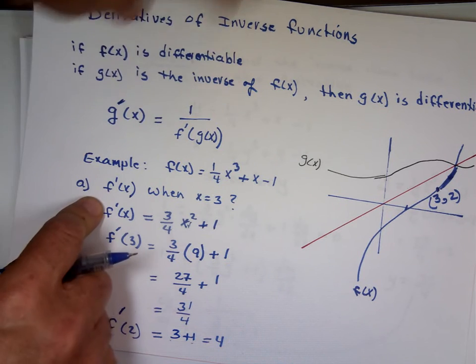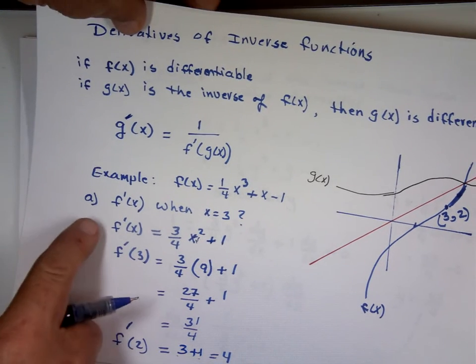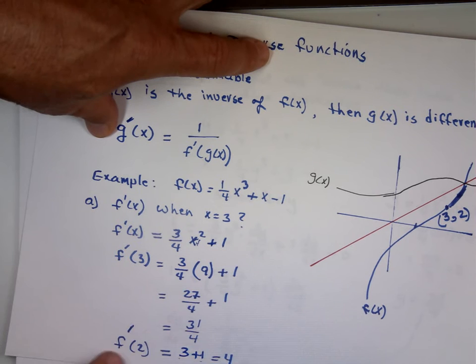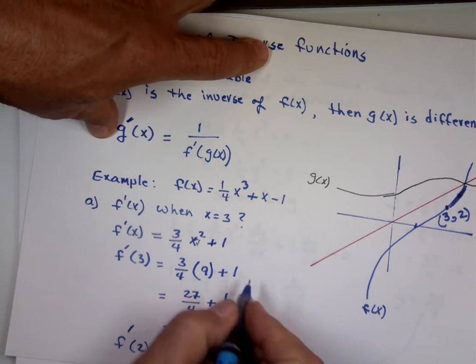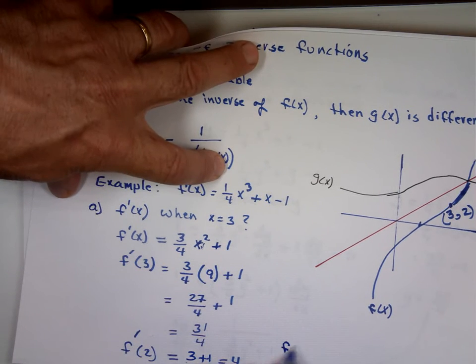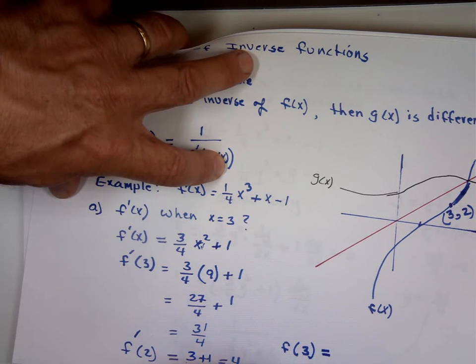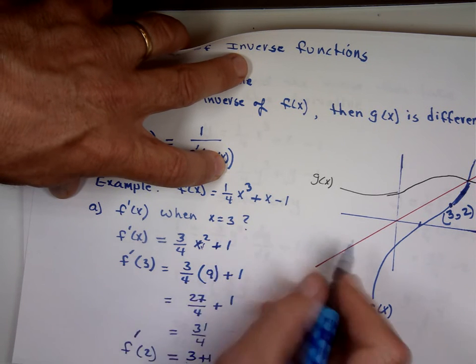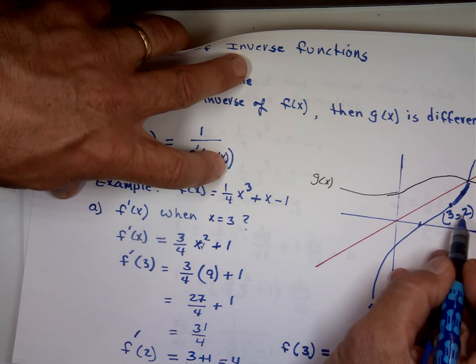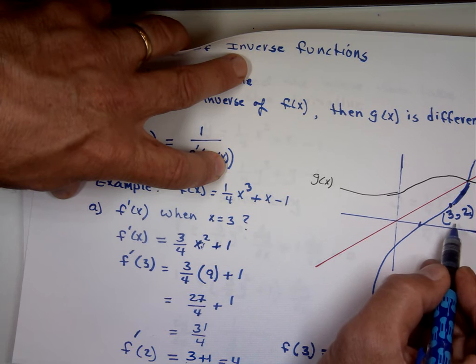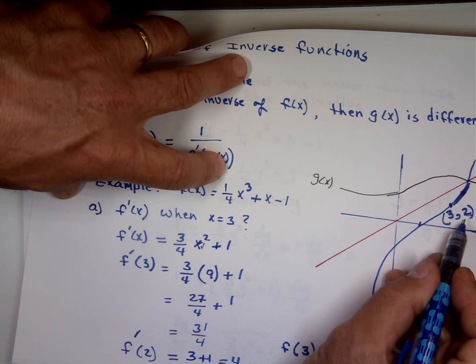What is f? Earlier I asked for the function. No, I didn't ask for the function. I need to find out what's the value of this function, f of 3 itself. What's f of 3? Or f of 2? I'm trying to find out what value will give me a 3 for an answer here. What value of x will give me a 3 here?